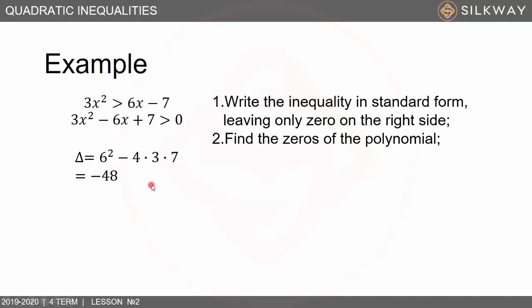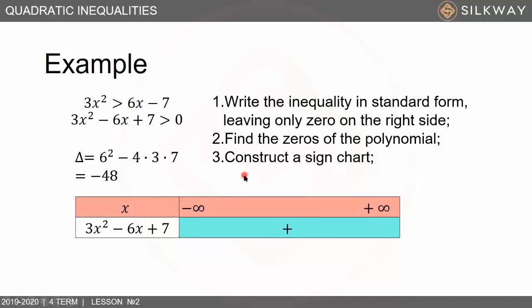From that, third step is to construct a sign chart, and our sign will be the same as a, yeah? A is 3, a positive number. From that, we can say our solution will be all real numbers because our inequality is greater than 0.